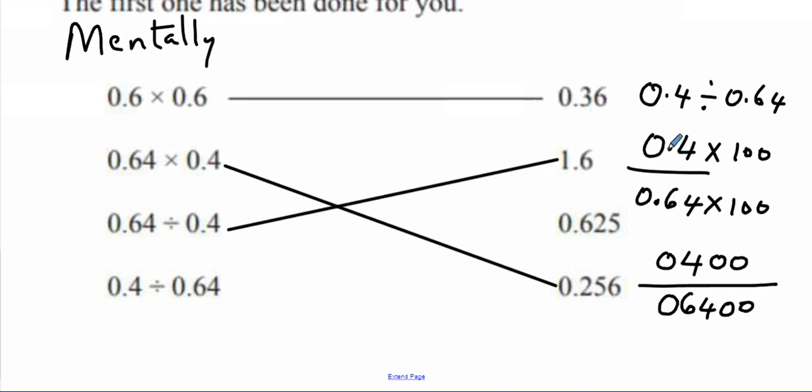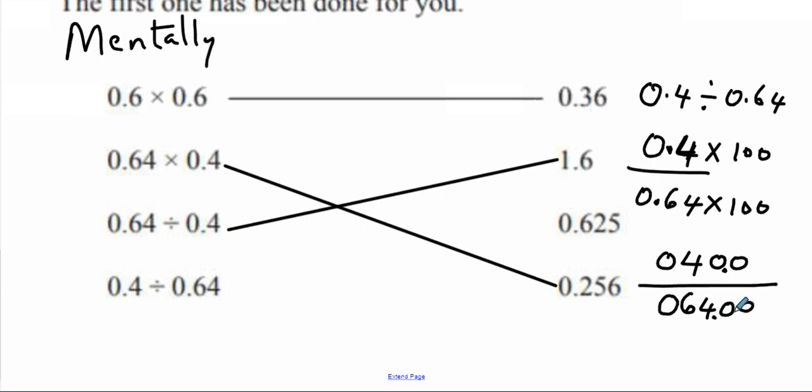Okay, now here you have 0.4, which has one decimal place, so put a decimal point from your right hand side one step to the left, so that suggests over here. In the denominator you have 0.64, and this suggests two decimal places, so from your right hand side count two numbers, and this will mean 0.64.